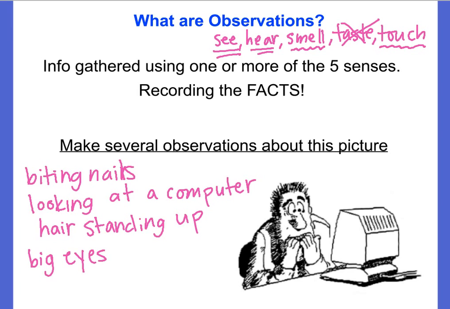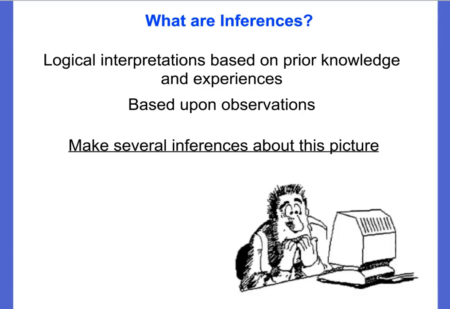So an inference is a logical interpretation based on prior knowledge and experiences. Essentially, it's based on your observations. So taking everything you know, those facts that you know from seeing them, what could you interpret that to mean? Well, you might be thinking he's scared. Why do we think he's scared? Well, his hair's standing up. He's biting his nails.